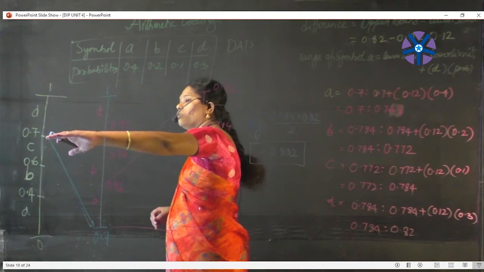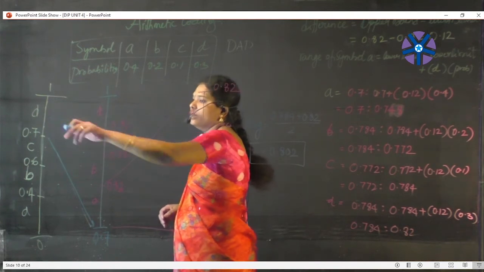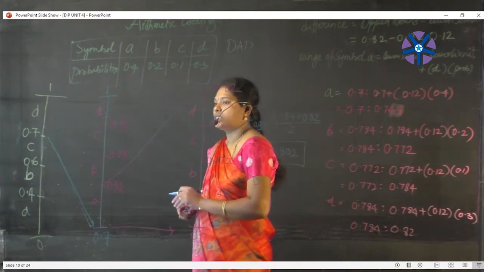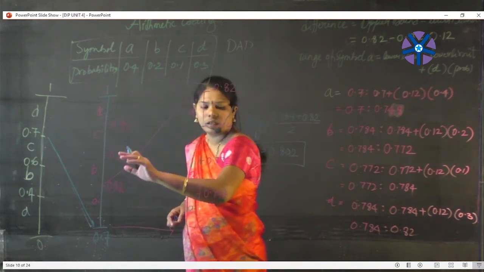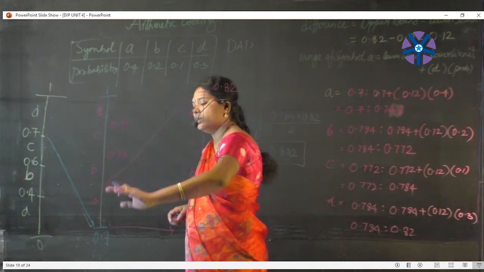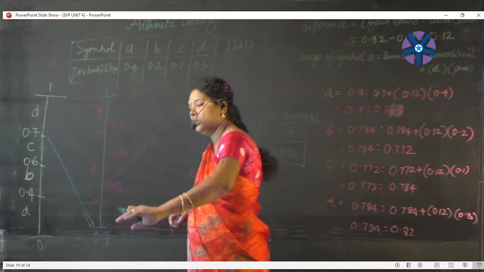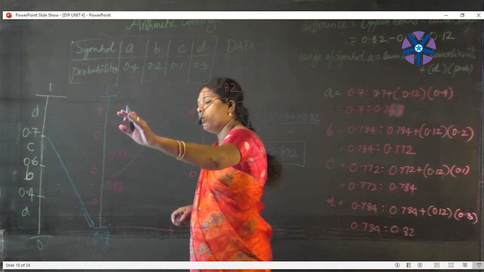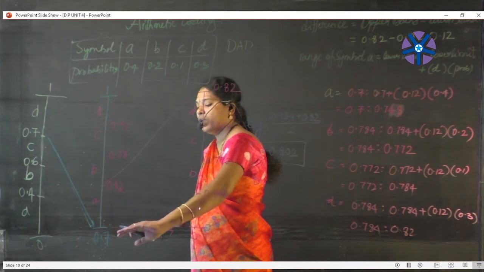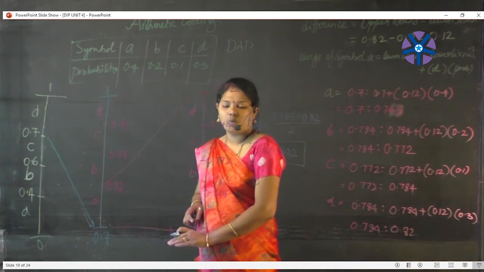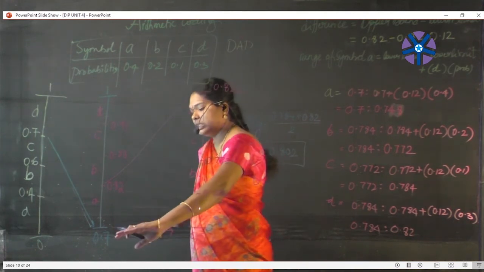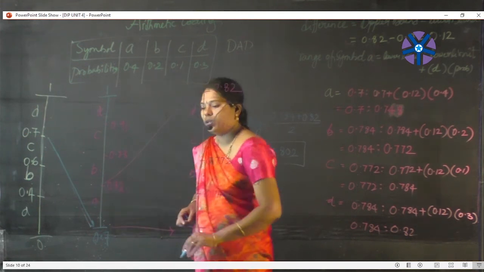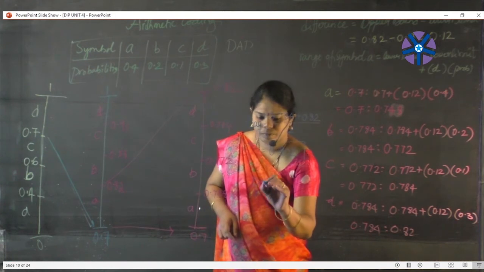It is in the range of 0.7 to 1, so the first letter is D. Next, for D we expand 0.7 to 1 for all the symbols. 0.8 is in the range of 0.7 to 0.82, so the next letter is A.